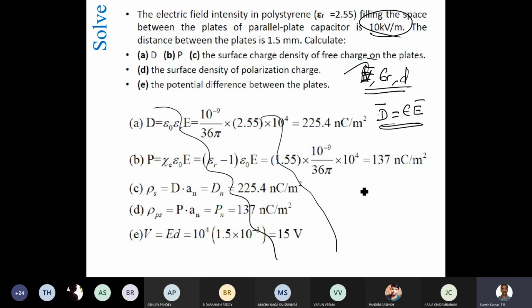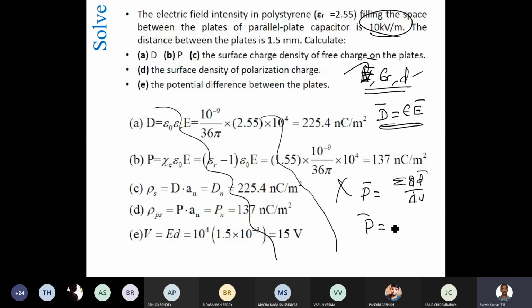Second, polarization P, you need to calculate. For polarization, we have a formula: sum of dipole moments per volume, Q into d vector over volume. This is one formula, but that's not possible here. D is given, but the dipole moment is not given, so you can't use that. What else?